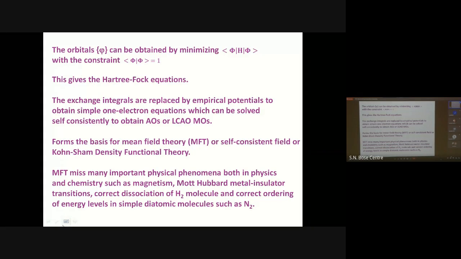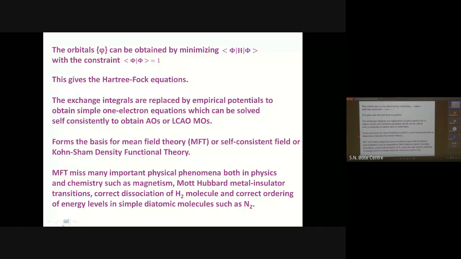Okay, and then another thing that you do when you do the Hartree-Fock calculations in practice is replace the exchange integrals by empirical potentials to obtain one-electron equations, which can be solved self-consistently either to obtain atomic orbitals, or you can also use a linear combination of atomic orbitals to get the molecular orbitals.